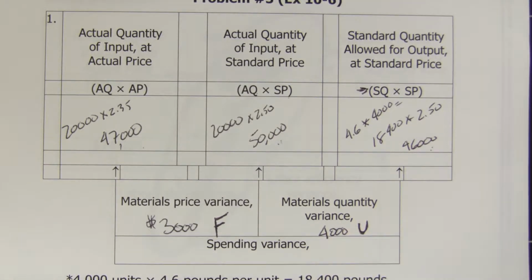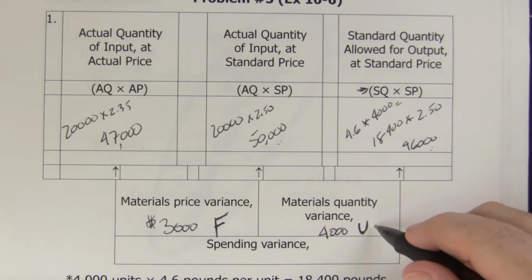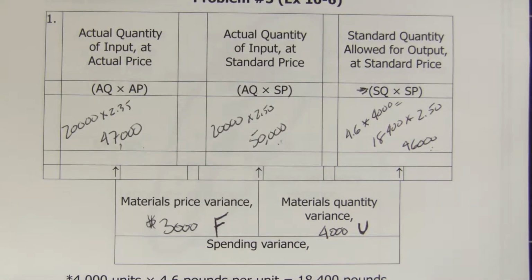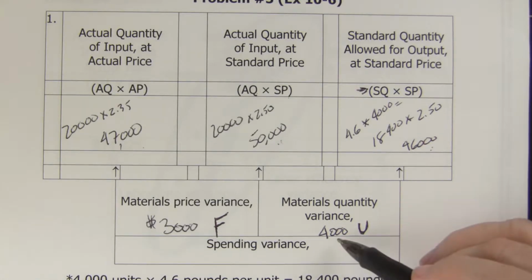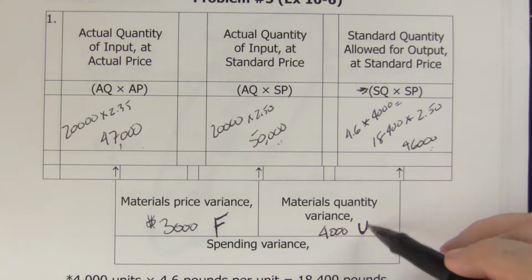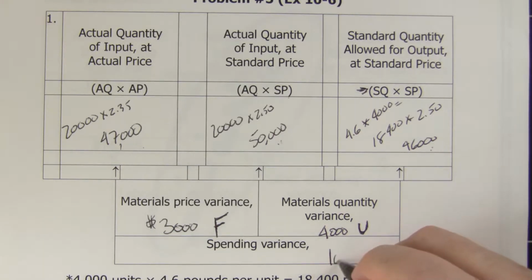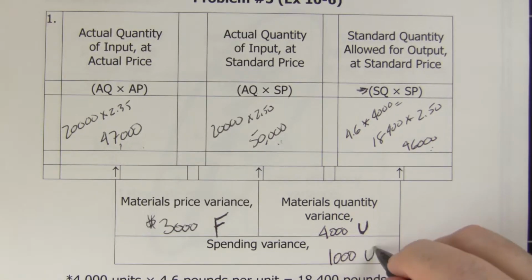You get to say to your boss, hey boss, we could have spent 46,000. We spent 50. Are you happy or unhappy? Unhappy. So the total spending variance, take the little number from the big number, take the letter from the big number, 1,000 unfavorable for our spending variance.